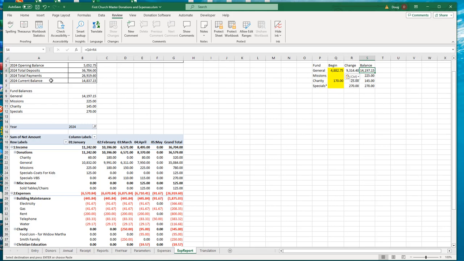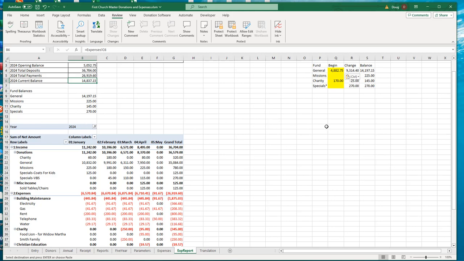And notice, as I said before, the amount available for the general expenses is different than what's in the bank, and that's our whole purpose for adding our fund balances to the report.